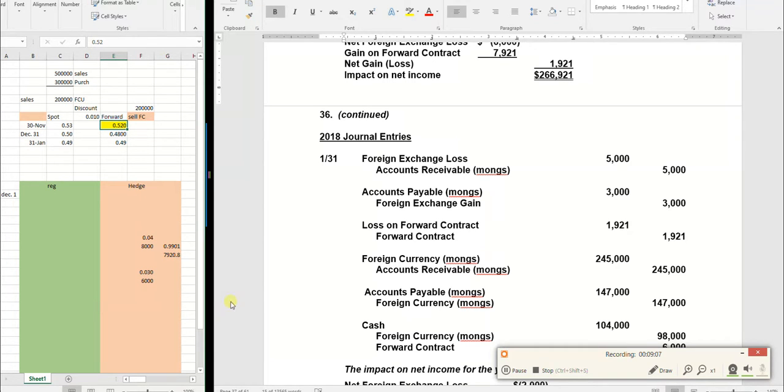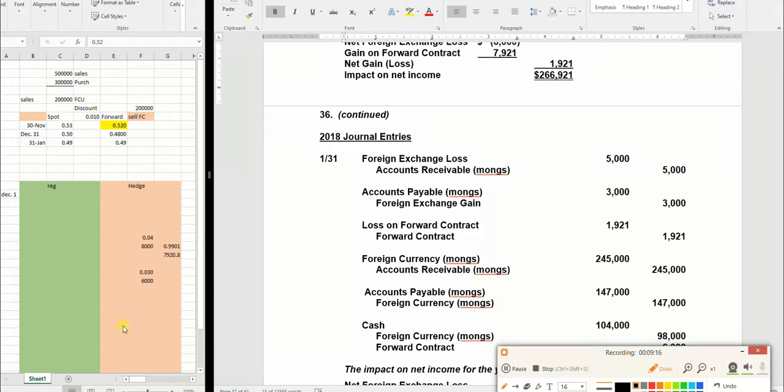But if I made a T account of my forward contract, I would see that it has the 7920 over here, okay, 7921 actually is what they put in there. All right, and I want it to be 6,000, okay, want it to be 0.03 times 200,000.